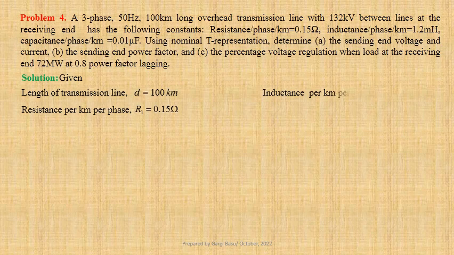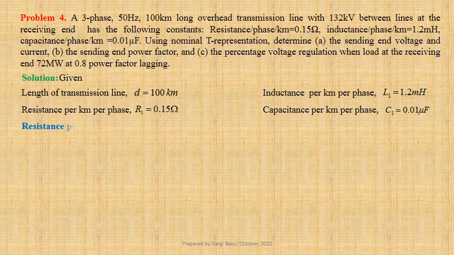Inductance per kilometer per phase L1 equals 1.2 millihenry and capacitance per kilometer per phase C1 equals 0.01 microfarad. Now we shall calculate resistance per phase. R equals R1 times D. Using values we get 0.15 into 100, that is equal to 15 ohm.